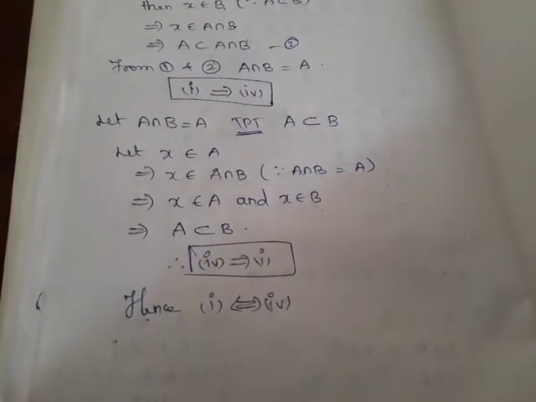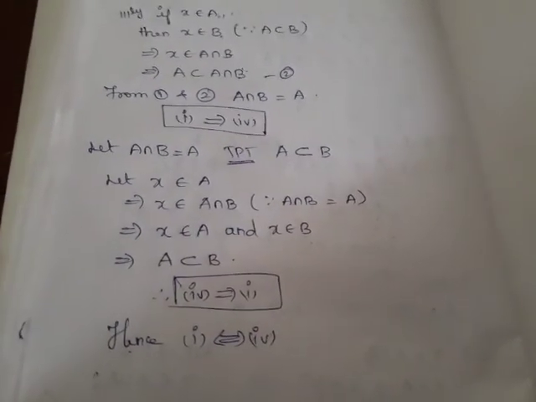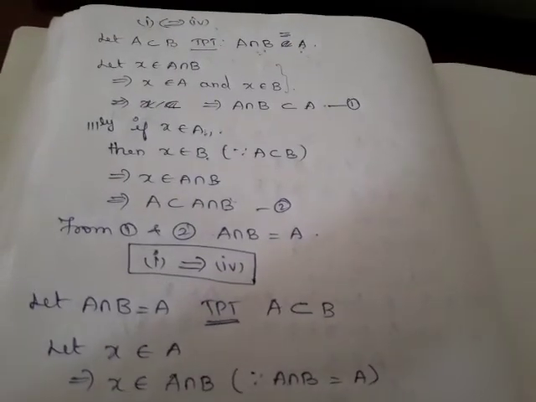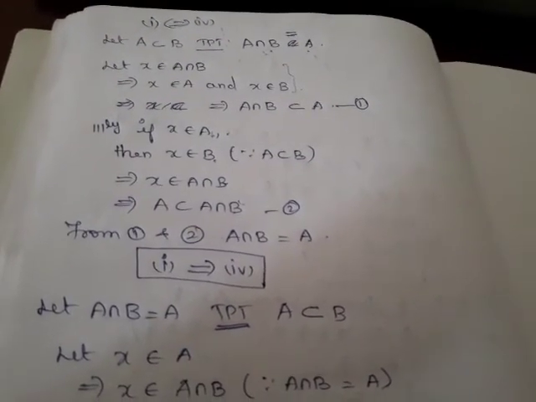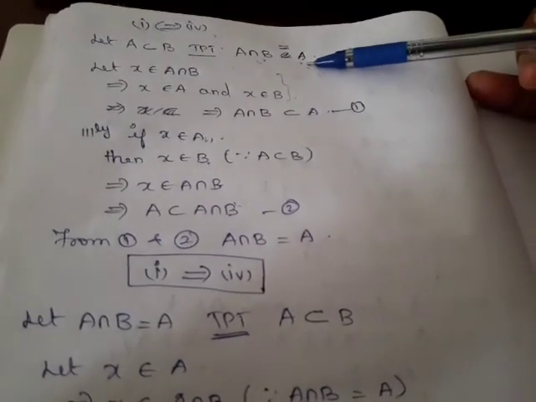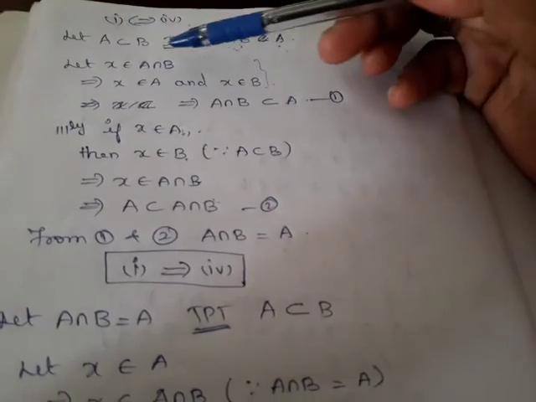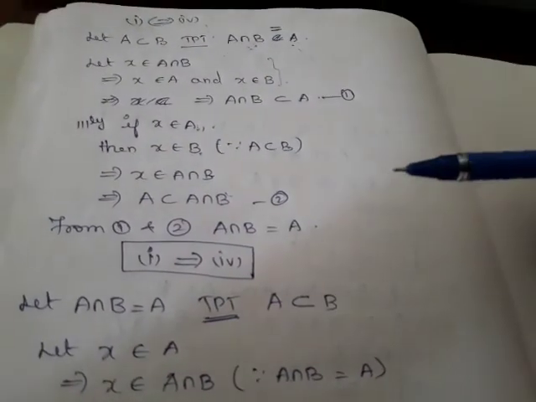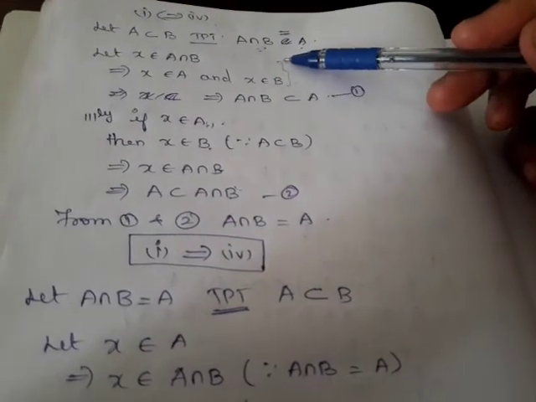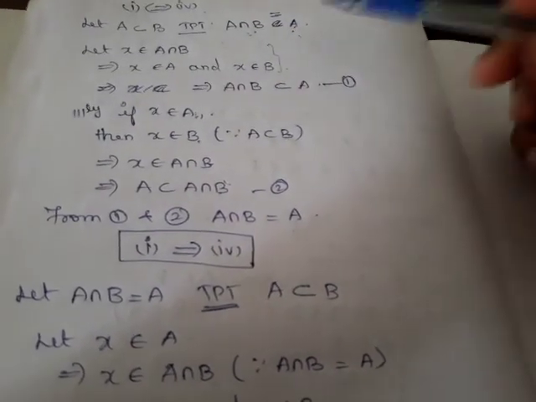So if you look at the arguments, everything is similar. Where you have to start depends on the problem which you need to prove. Start from the statement to be proved, assume an element from it, use the given statement and try to prove it. As I told you, remember this: if you want to prove two sets are equal, you need to prove one set is a subset of the other, both the ways.